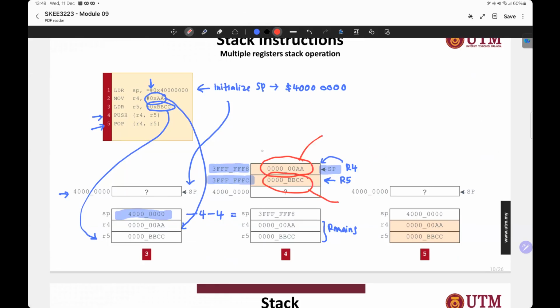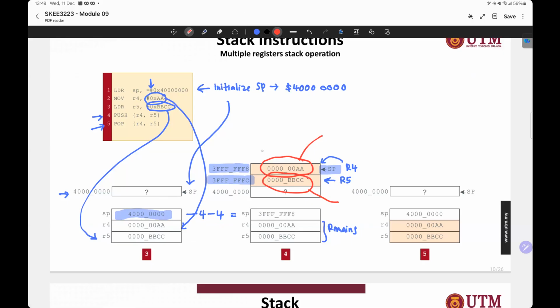The question is which data will go to R4 and which to R5. As I mentioned previously, the highest memory address will be sent to the highest register, and the lowest memory address will be sent to the lowest register.